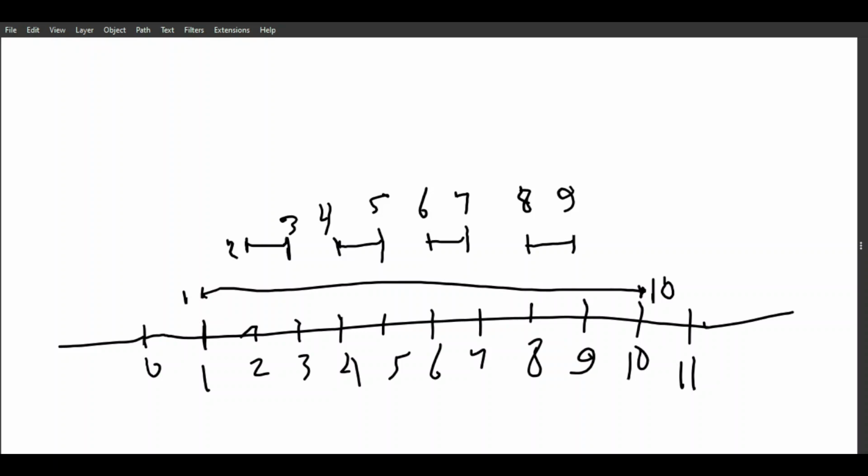So we use this notation of start and finish time.